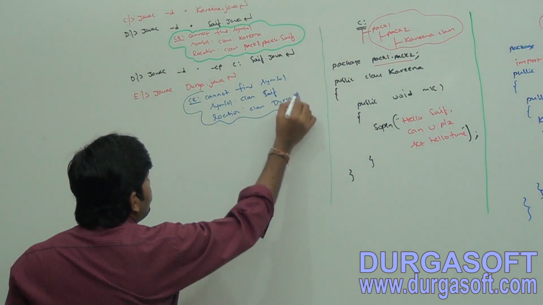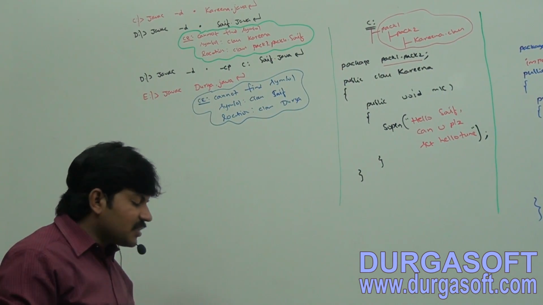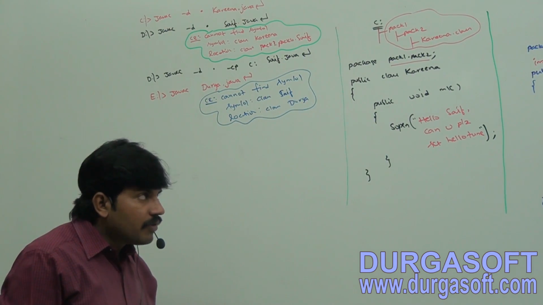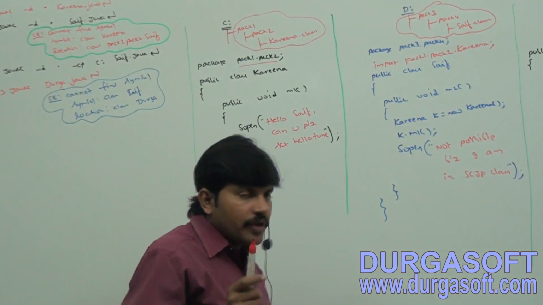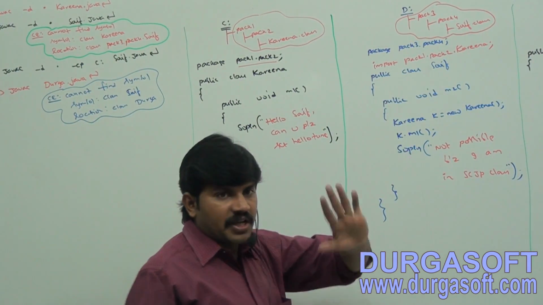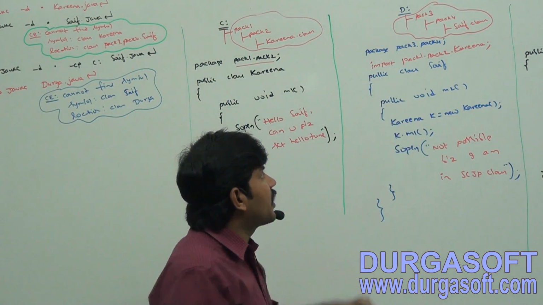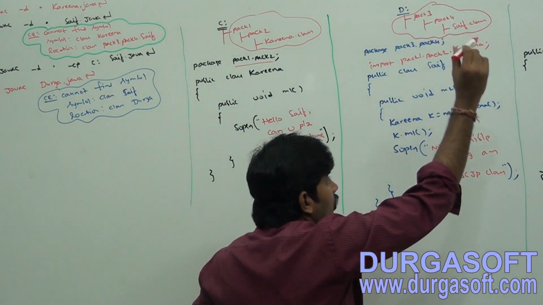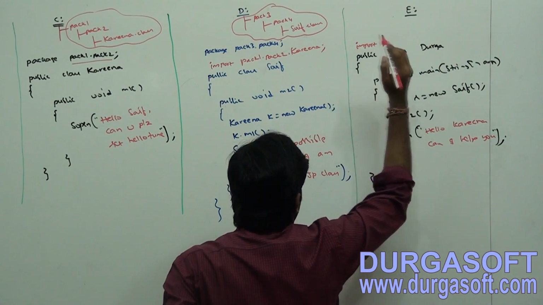How can I compile? That's why we are getting a compile time error. Then can you tell where Saif is available? In pack3 pack4. If any location is created because of a package statement, take special care. That location should be resolved by using an import statement.